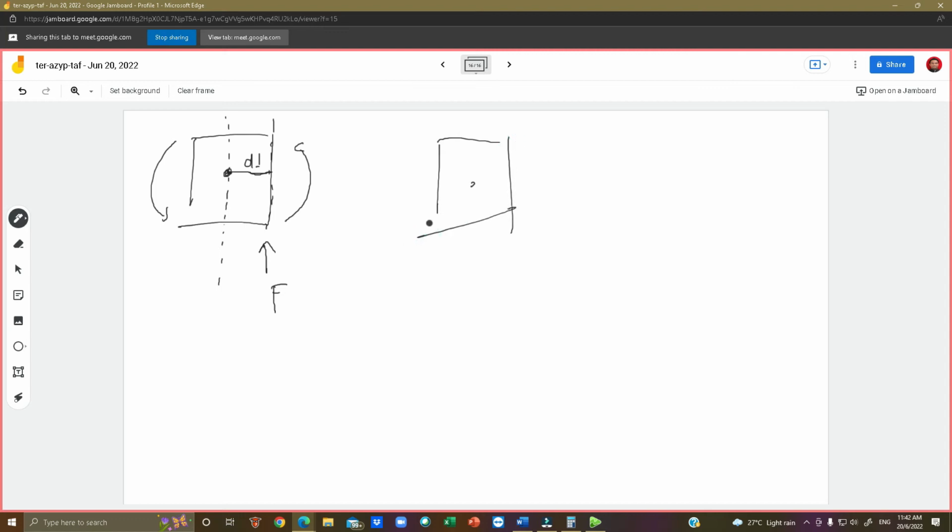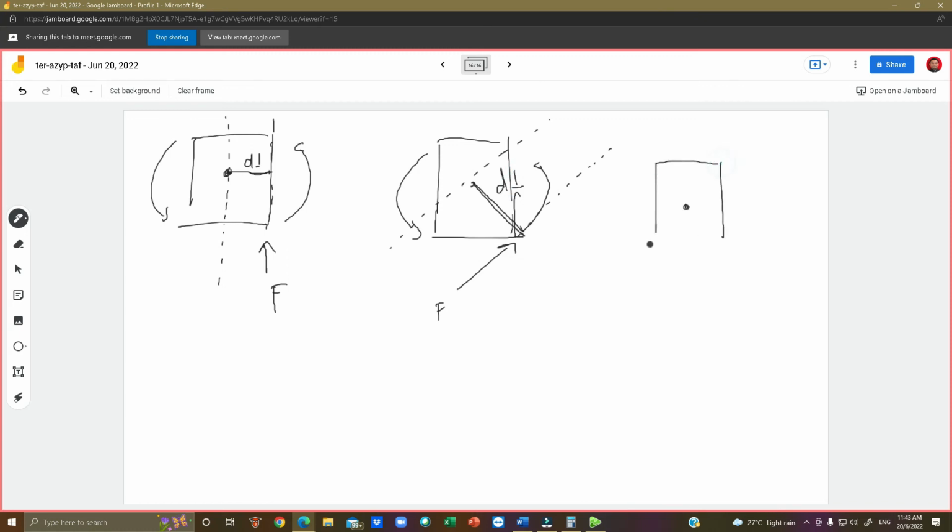We have an object and we inflicted force like this. It will cause the object to rotate for sure. Jadi mana dia punya diameter, dia punya distance. Okay, line of force, another line crossing the axis of rotation. So the distance between these two is distance. Kita ada force. Okay, kita ada object, we applied force here.